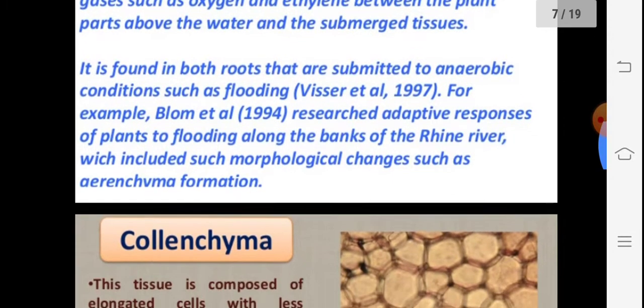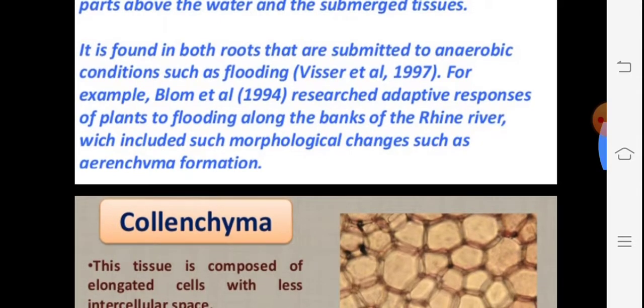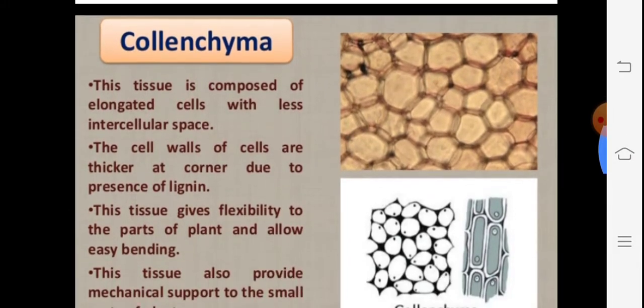Then in the roots, it commonly shows anaerobic condition, generally reported by some scientists like Visser in 1997, and it is due to the adaptive nature. Adaptive, that is, as per the condition of the plant. So this is about parenchyma and aerenchyma.